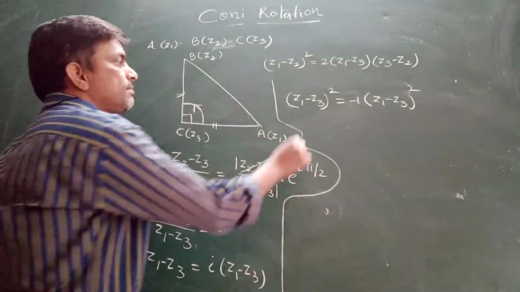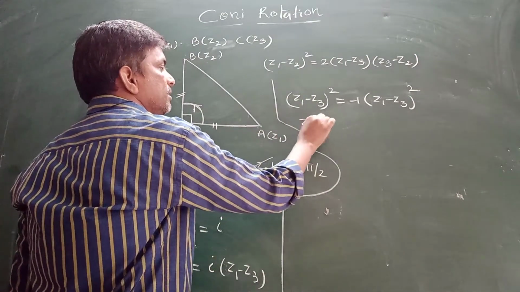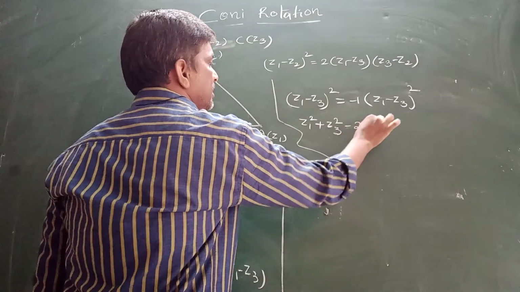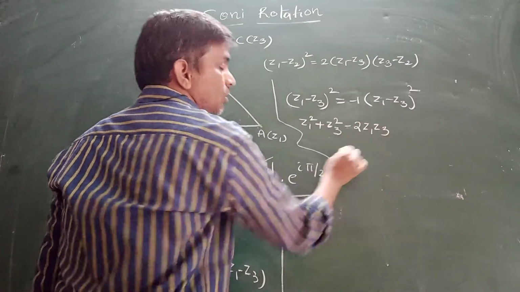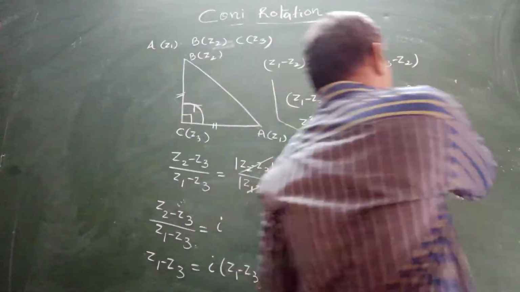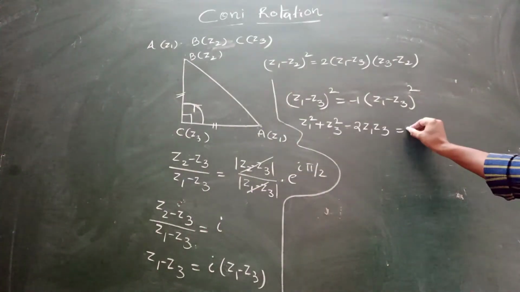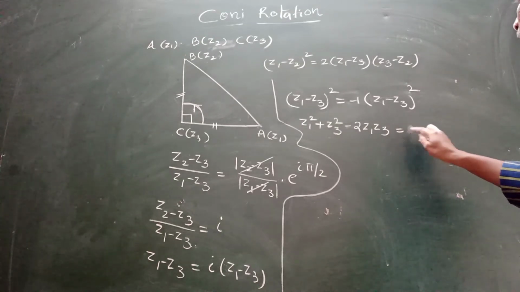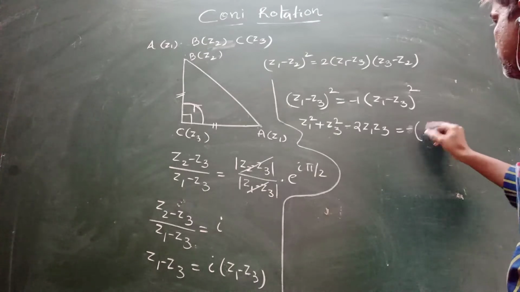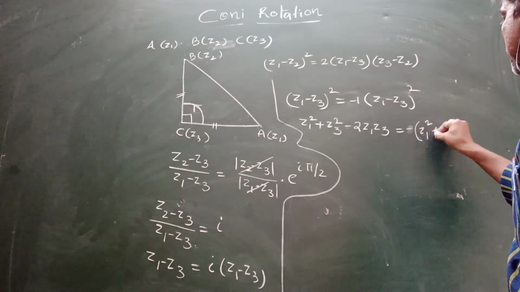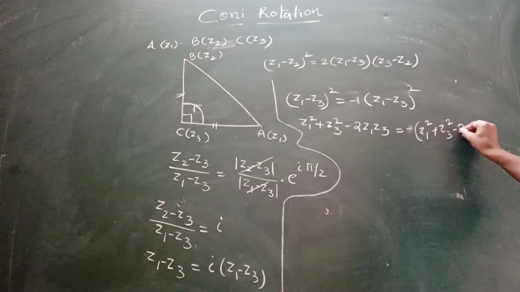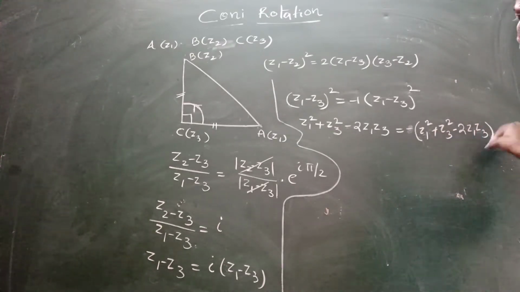Let us expand this: Z2 square plus Z3 square minus 2 Z2 Z3 is equal to minus 1 times Z1 square plus Z3 square minus 2 Z1 Z3. Is it clear?